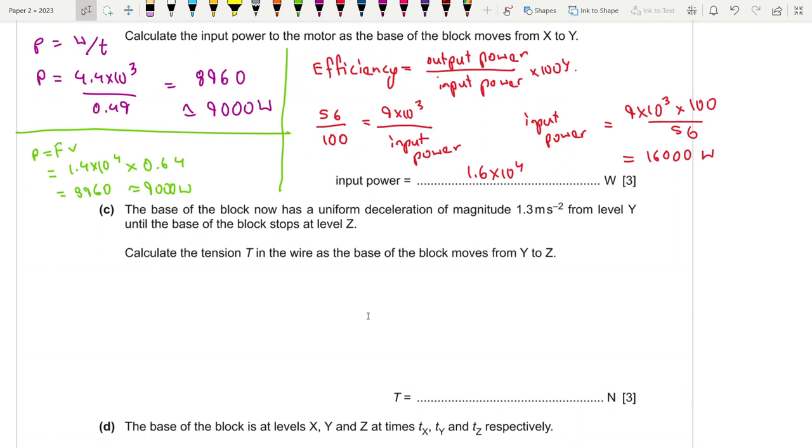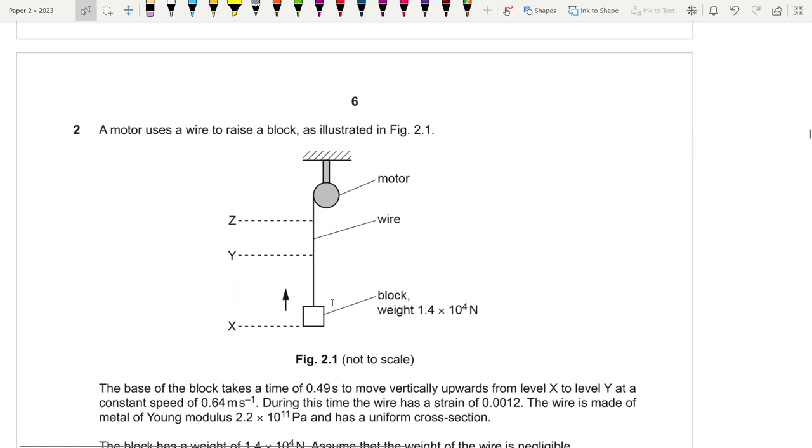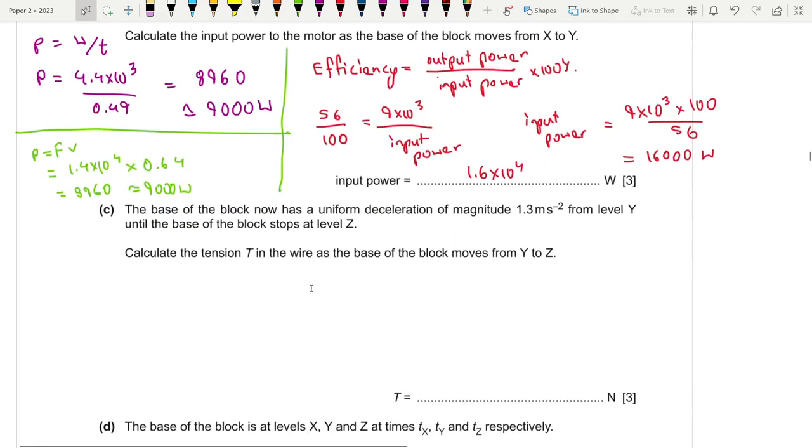So here the resultant force is downwards. We know that the upward force is tension and the downward force is weight, basically. You can do it in many ways.